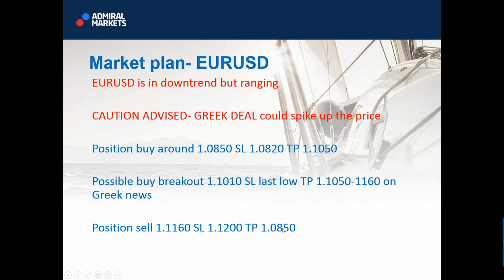So if this happens after a positive Greek conclusion has been announced, then I think this level will break and this can be an additional or a separate trade. Pay attention to this, and I'm not sure that this can be done without a Greek European Union deal.